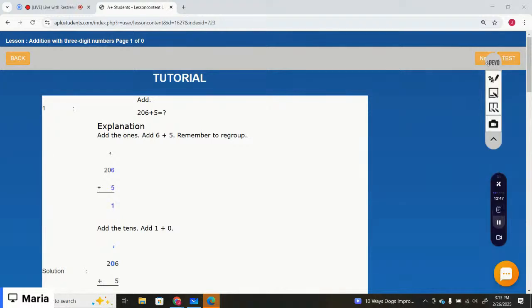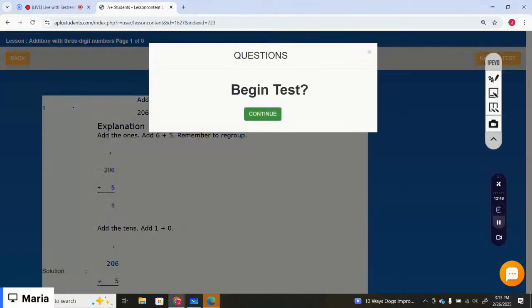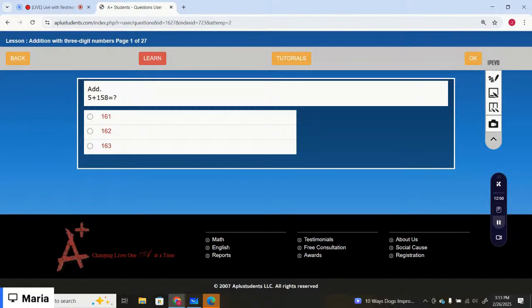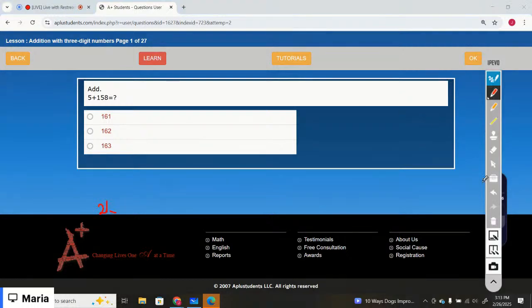Okay, let's just start with the test questions. 158 plus 5. So that is 158 plus 5. That is 8 plus 5, 8, 9, 10, 11, 12, 13. Write 3 here and carry 1. 5 plus 1 is 6 and 1.